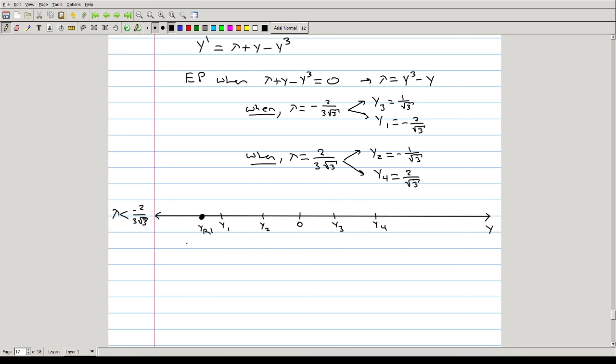And when this is the case, if we have one equilibrium value, you can use the cubic formula to calculate this equilibrium value. There will be two other roots to this cubic polynomial, but they'll both be complex, so not real values.